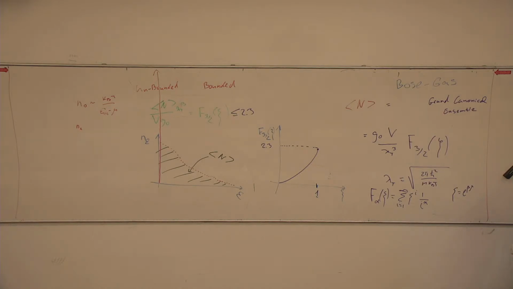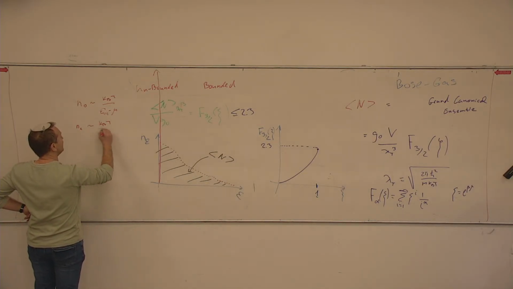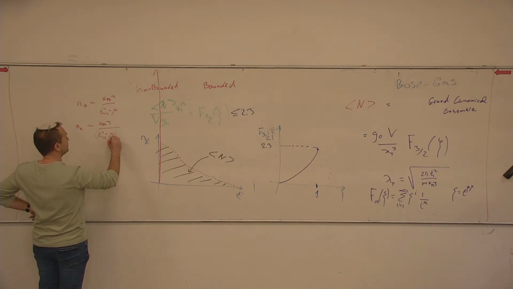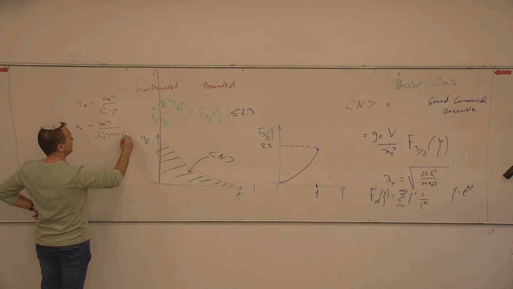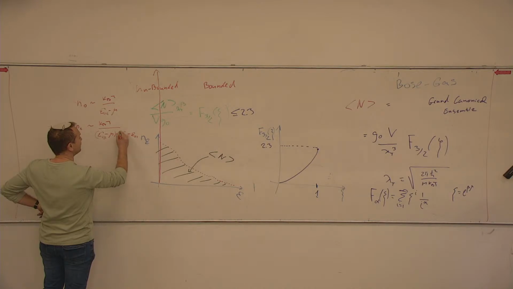So it was k Boltzmann T divided by epsilon 111 minus mu plus epsilon 211 minus epsilon 111.